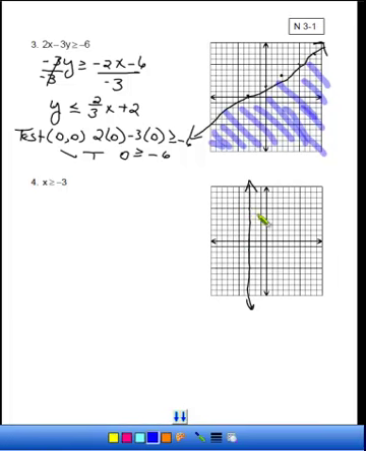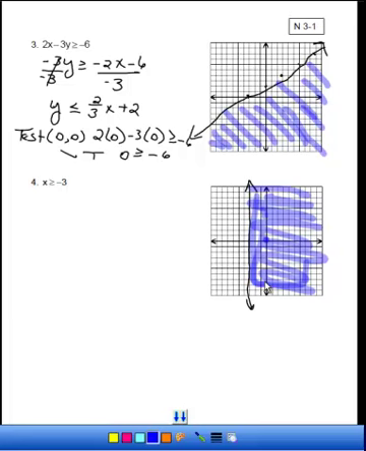And the shading is, where is x greater than negative 3? It's over here. So this is the shaded part. There's really no need to test 0, 0, but you can see that 0, 0 should be in that part of the graph where x is greater than negative 3.